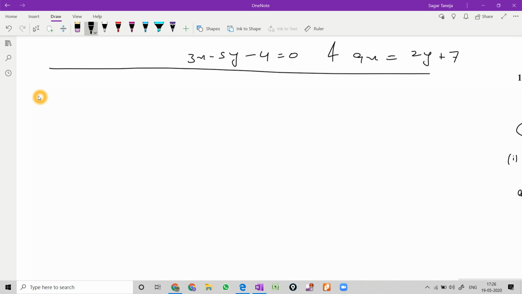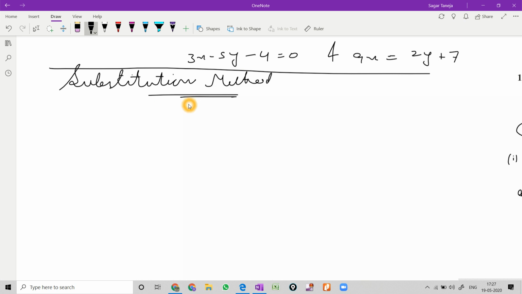Again I am doing by substitution and elimination method. So first of all, by substitution method.